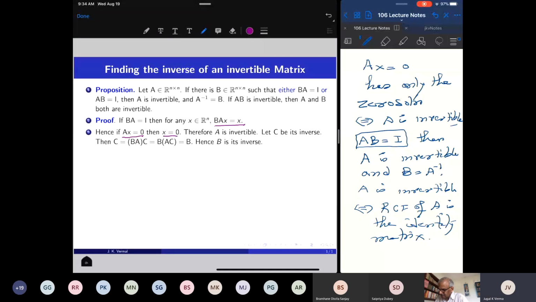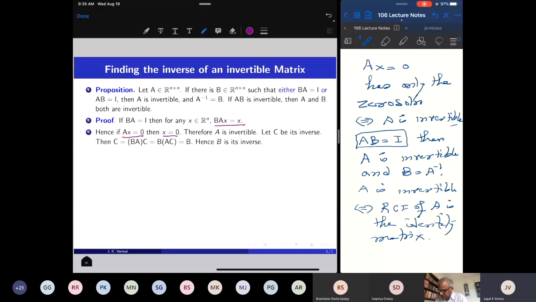So by the equational criterion for square matrices, a square matrix is invertible if and only if the homogeneous system AX equal to 0 has only the trivial solution. Okay. So once BA is identity, we have proved that A is invertible.